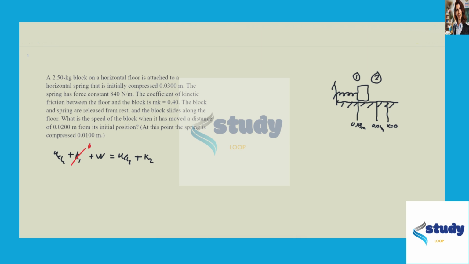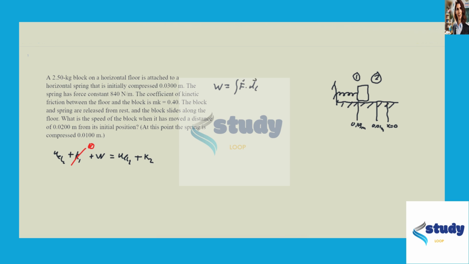Now the other one we can easily do is figure out how much work is done as the block moves from position 1 to position 2. There's friction, as indicated in the problem, between the mass and the floor below. So work is equal to the integral of the force along the path length.